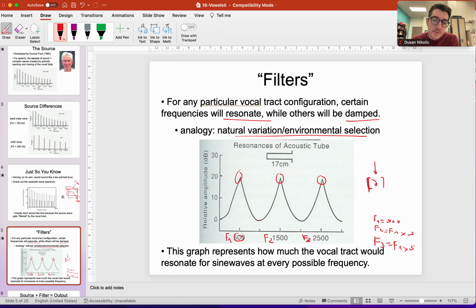If I amplify the frequency at 1000, nothing will happen. It will not resonate, and I won't reach this resonant frequency.